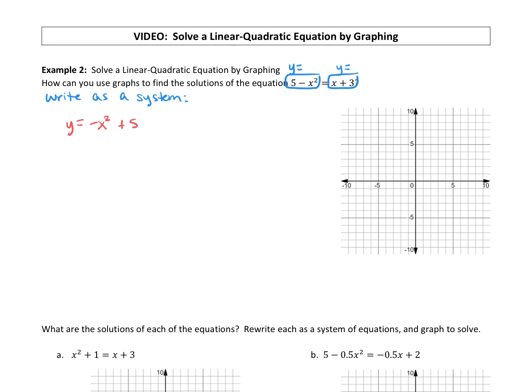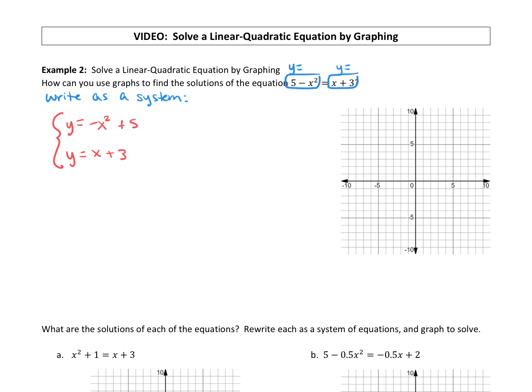Right below it, I'm going to write the other equation, y equals x plus 3, and then I'm going to be fancy and put a little bracket around both, showing that this is now a system of equations. So we are going to graph this one, and then graph this one, and use the intersection point or points, or maybe there are no intersection points, to help us determine the solution to the original equation.